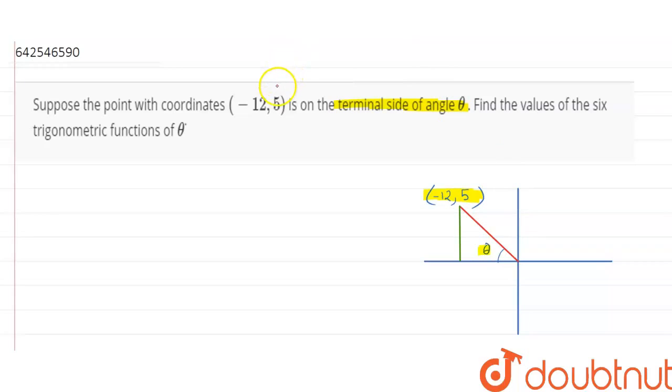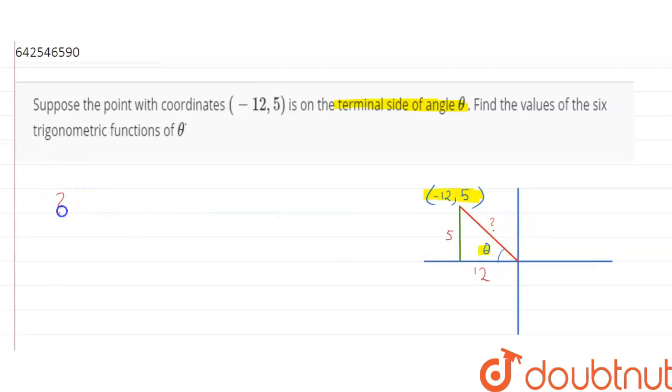So first of all, the distances given are 12 and 5. Using the Pythagoras theorem, the third side of the triangle, which I am representing with a question mark, is the hypotenuse.